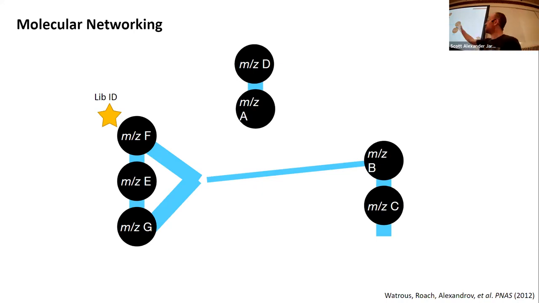If you know that this node F has a library ID, indicated through the star, and there are two other nodes that are very similar based on their MS2 spectra, we generate a hypothesis that the structure must be similar. We know the structure of F through the library match, so we can say that E and G might be similar to this molecule.